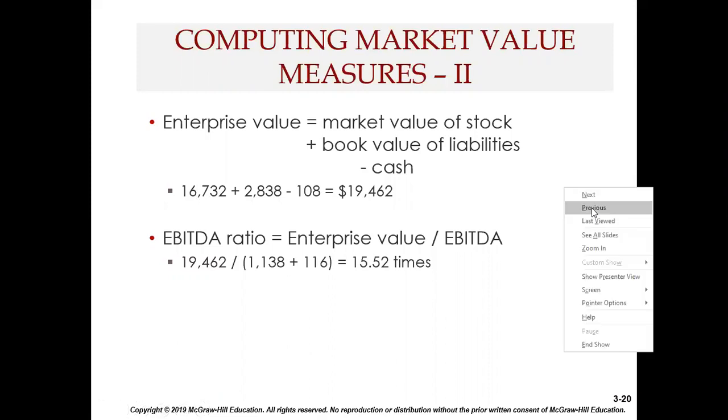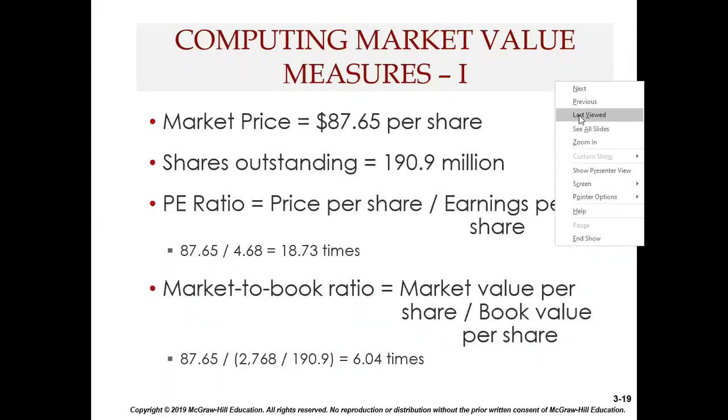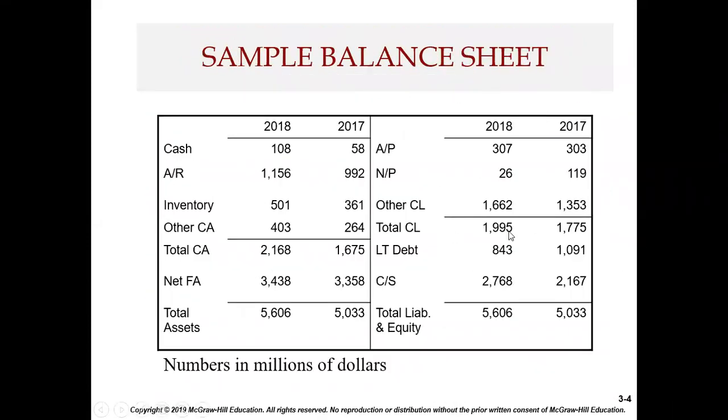The book value of the liabilities comes from the balance sheet. The book value of the liabilities is the current liabilities plus the long-term liabilities, or 28,638.